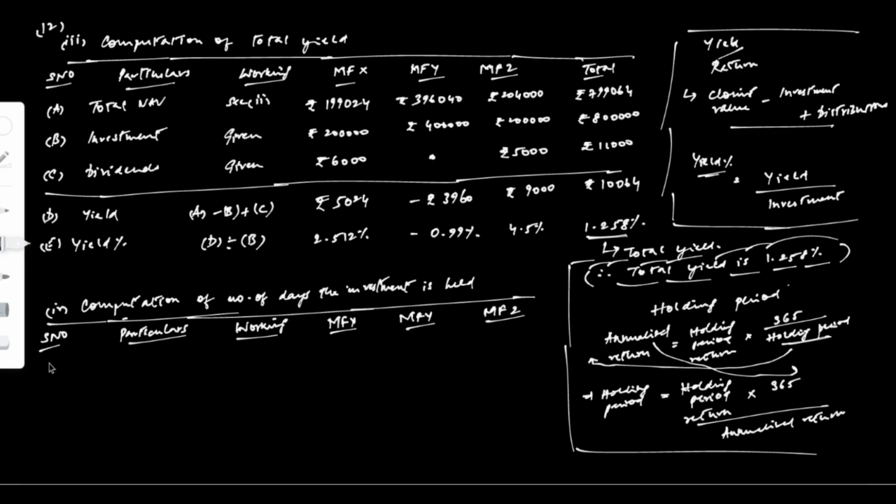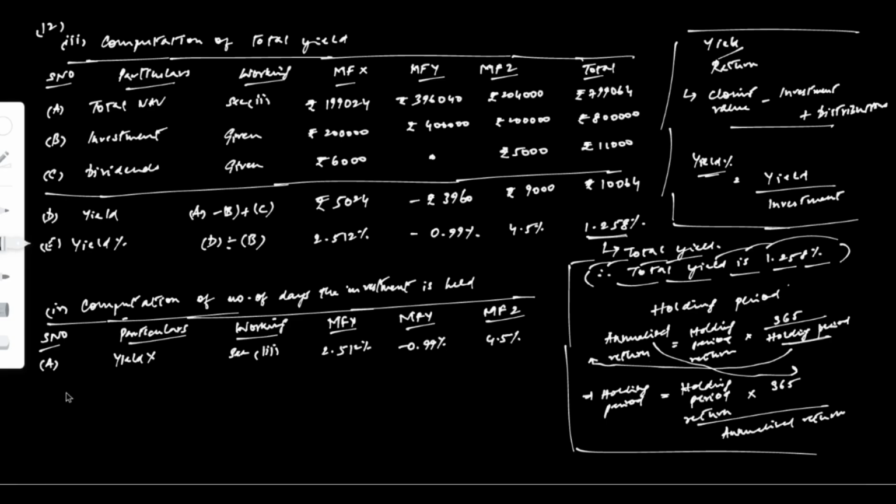So it is A. It is holding period return. In this question, it is yield percentage. C, third bit. It is 2.512% minus 0.99% and 4.5%, right?